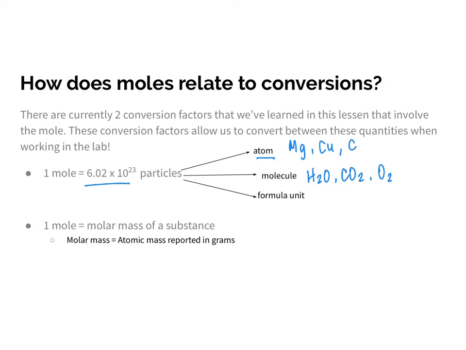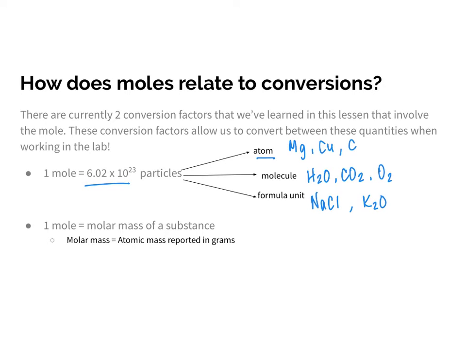And then formula units, which represent our ionic compounds, something like NaCl or K2O, potassium oxide. These formula units, remember, are the lowest ratio of cation to anion, and that's what we write as our formula in our formula unit. The reason they're called a formula unit is because usually these ionic substances are crystals, a repeating pattern. So you always want to find the lowest ratio to get what that formula unit is.